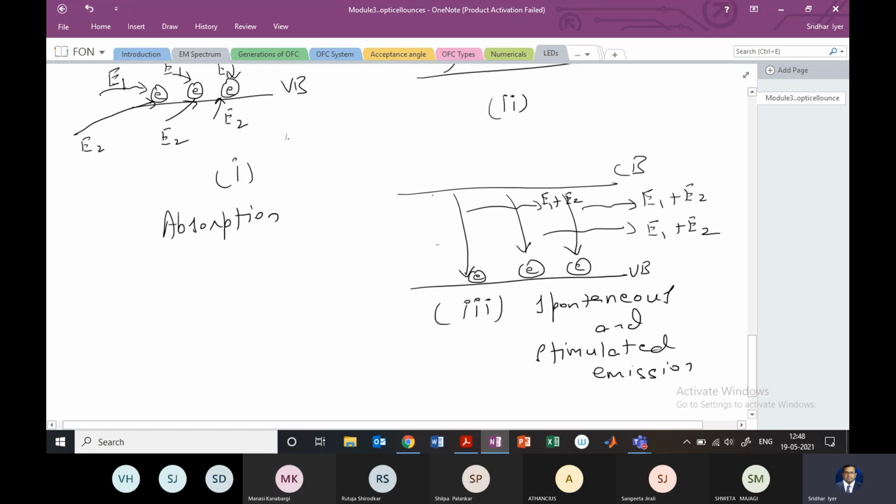One part of this radiation which comes out is E1, which is the absorption process, which happens spontaneously, whereas the other one is because of the stimulant which we had given to the electrons to move from valence band to the conduction band. Right? So this diagram number 3 is the process through which the laser is going to work, and obviously it gives us amplified light. Okay.